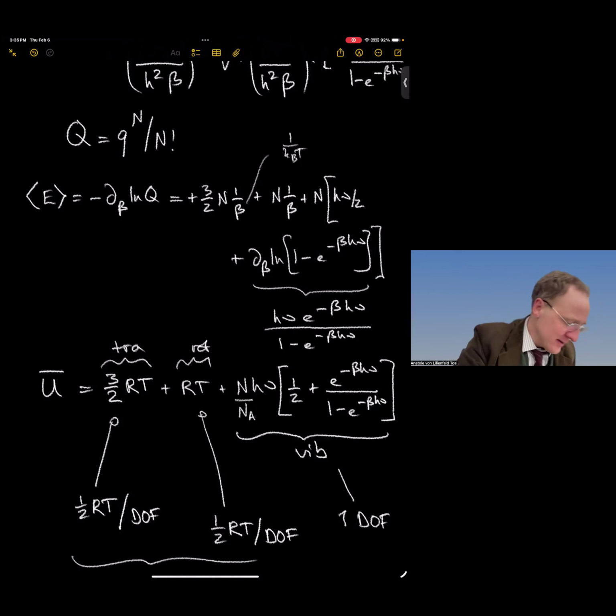So this could be, the N would become Avogadro's number, and then it's 1, right? This factor. Sorry. If the N is Avogadro's number, it becomes 1 here, right? This fraction.